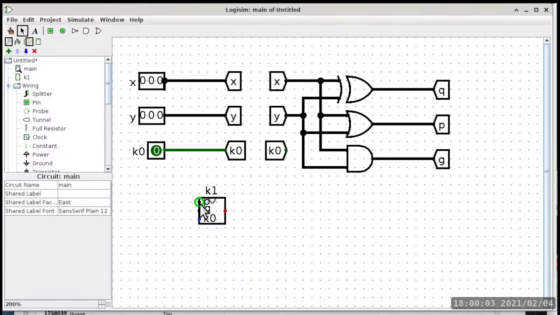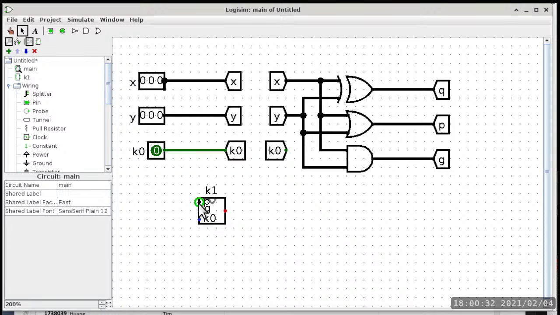Let's see. Nope, that doesn't work. Try the unlabeled one. I think my mouse cursor is blocking it. No, I don't think so. I did not label the pins in the main circuit.